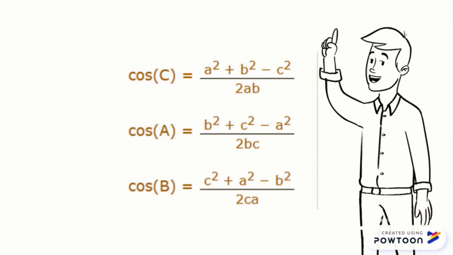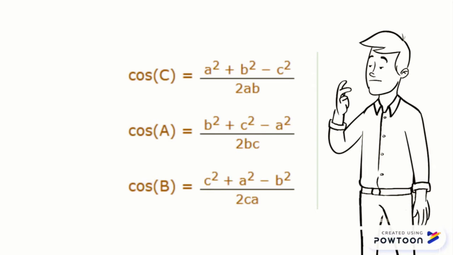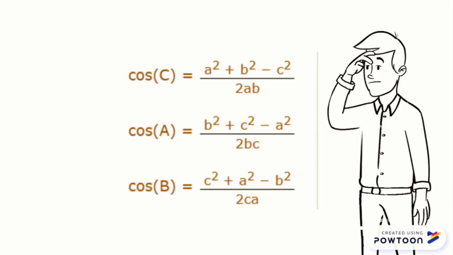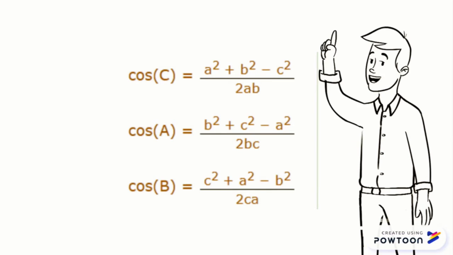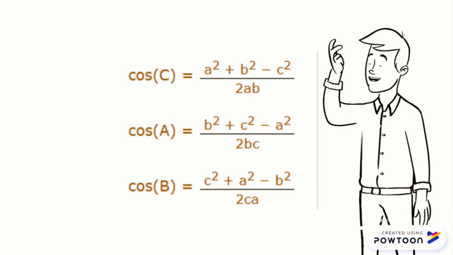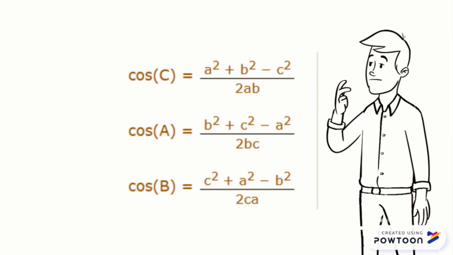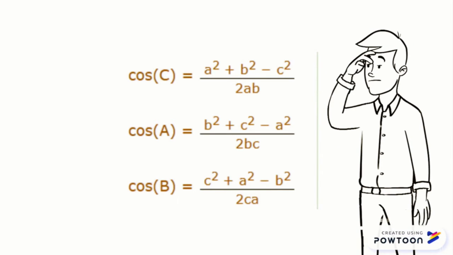Or cos c equals a squared plus b squared minus c squared over 2ab; cos a equals b squared plus c squared minus a squared over 2bc; cos b equals c squared plus a squared minus b squared over 2ca, if the information provided is the three sides, each depending on what information is provided in the non-right-angled triangle.